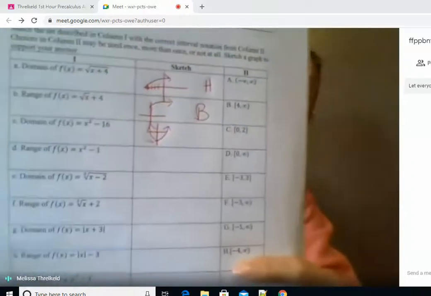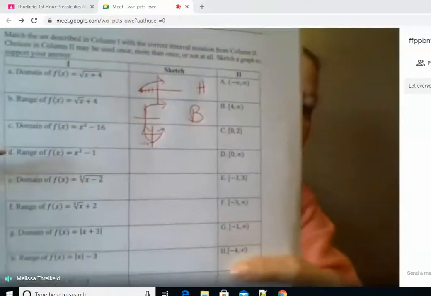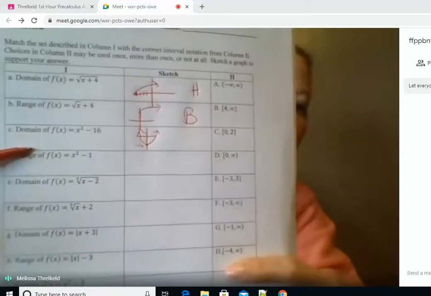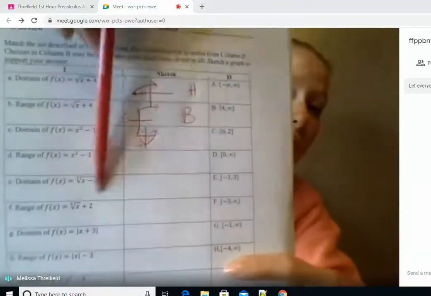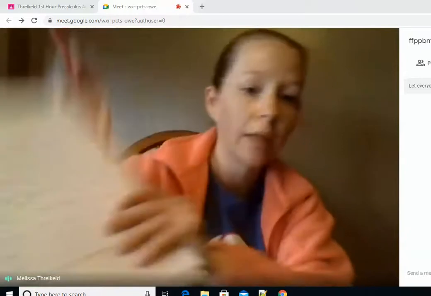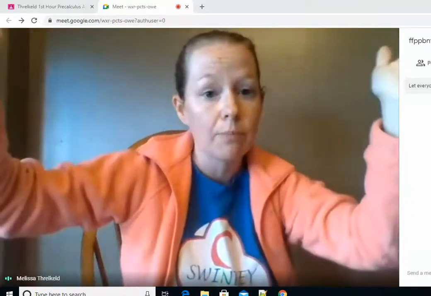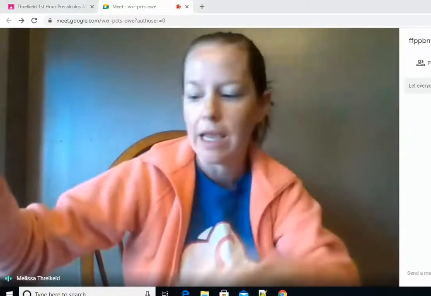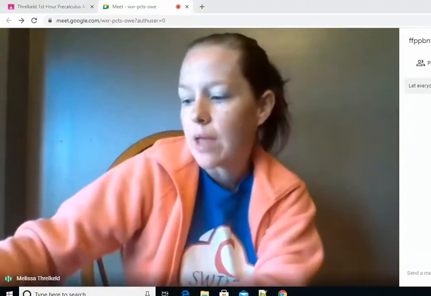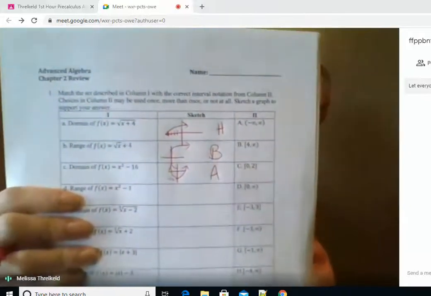And of course, you can use your calculator if you need to confirm anything. When I ask you for the domain, that's talking about your x. So as you go from left to right, this parabola, as it extends, it keeps getting wider and wider. So it's going in both directions. So it's going to eventually hit all the negatives and all the positives. So that means the correct answer is A, negative infinity to positive infinity.